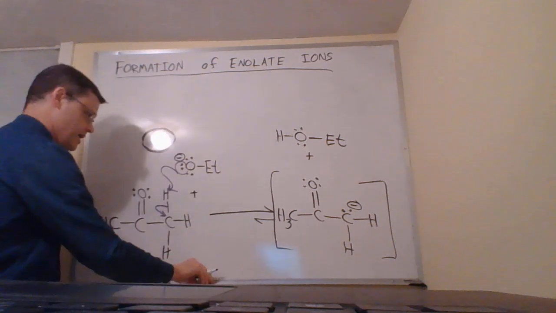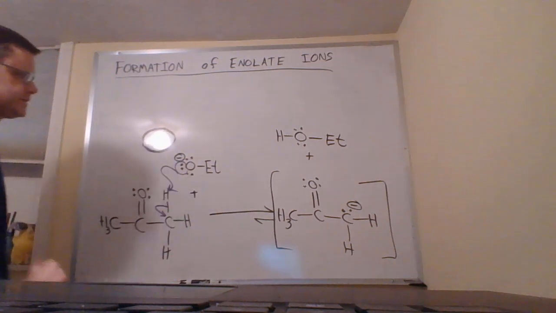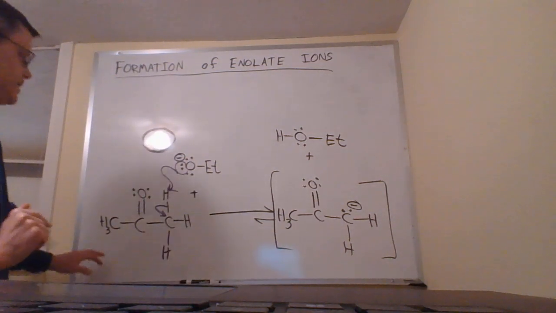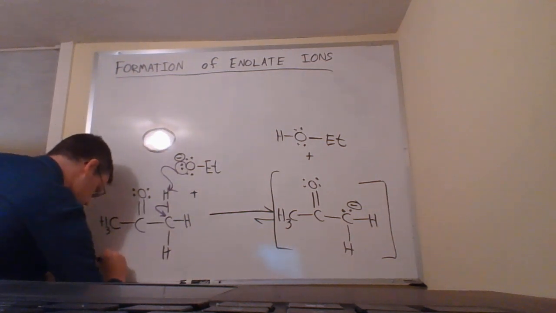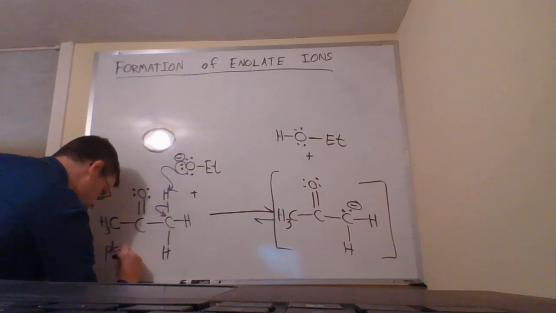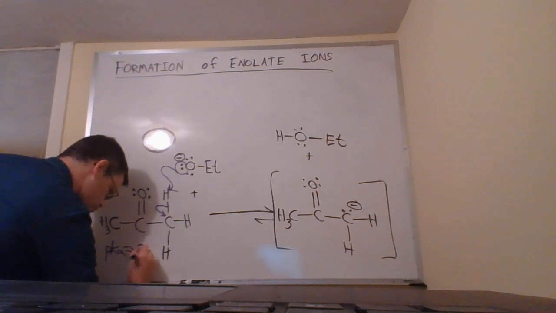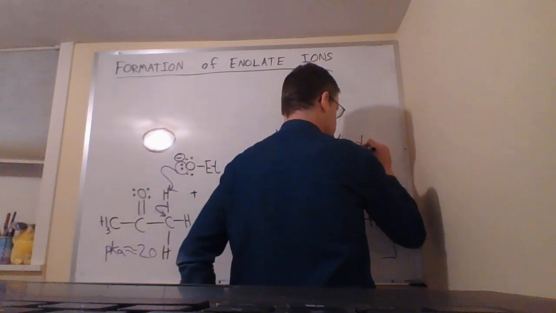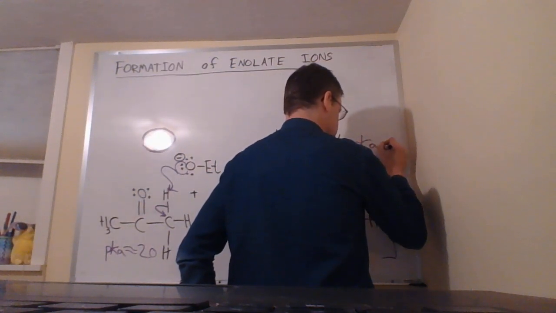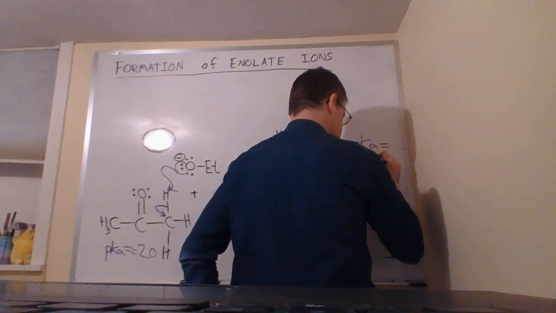Okay. Now, one thing about this proton transfer is that let's look at these pKa's. This ketone has a pKa of about 20, whereas ethanol has a pKa equal to 16 to 18.